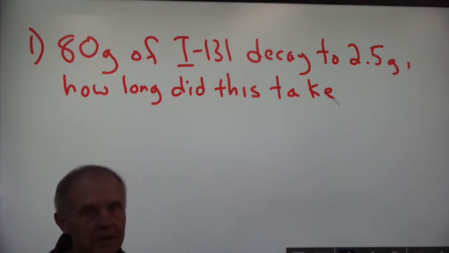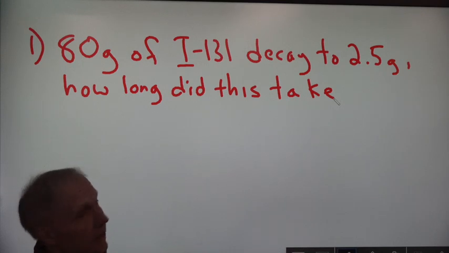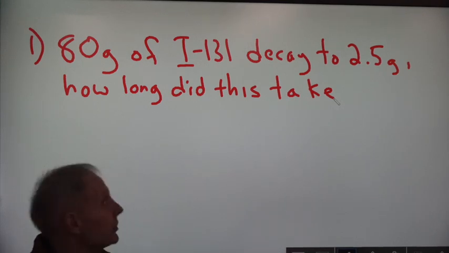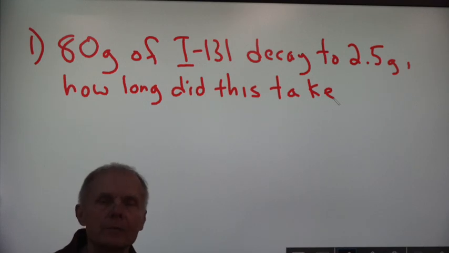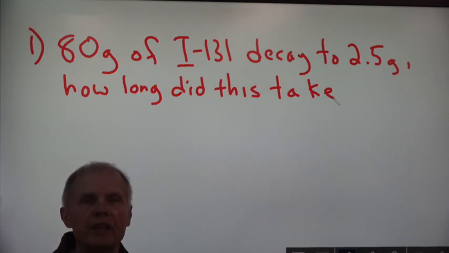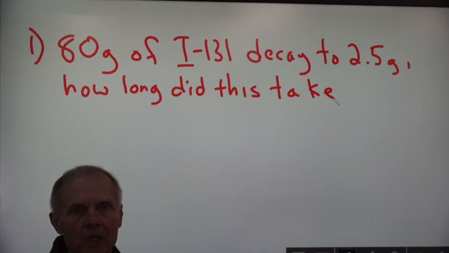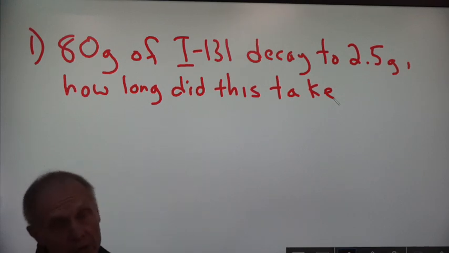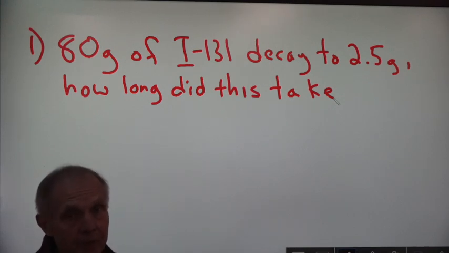Now, here's the deal. If you are injected by a radioisotope like iodine-131, you want two things. You want a very quick half-life, which this is 8 days, and you want quick elimination from the body. Those two things you want for a radioisotope. So that's the background about radioactive iodine-131. Pretty wild stuff.